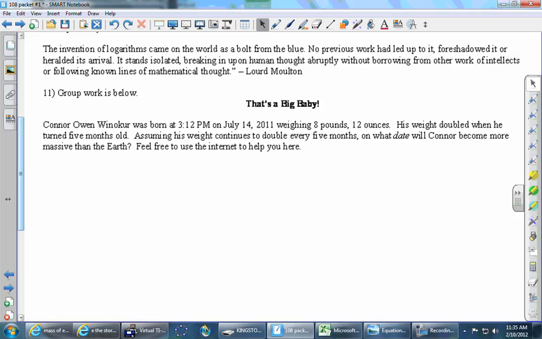Okay, logs were invented kind of out of the blue. That's what this is saying, and that is very unusual in terms of math and science. Math and science discoveries don't just happen in a vacuum. They happen because there are centuries' worth of results leading up to something. So calculus was invented in the mid-1600s by Isaac Newton and Wilhelm Leibniz. They didn't create everything on their own.